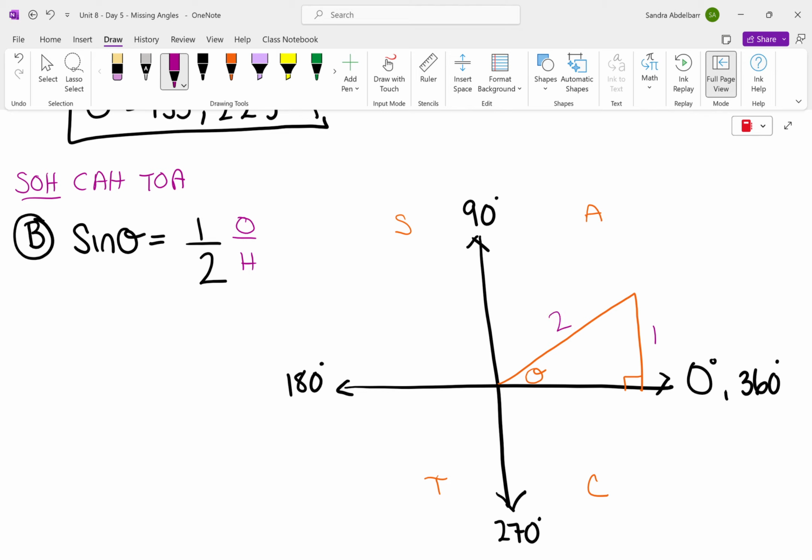The hypotenuse is 2. Does anybody know what kind of triangle we're dealing with? A 30, 60, 90. So what does that mean for theta? Is it a 30 or is it a 60? How did you know it's 30 and not 60? Because across from 30 is the 1, which means this has to be root 3, right?